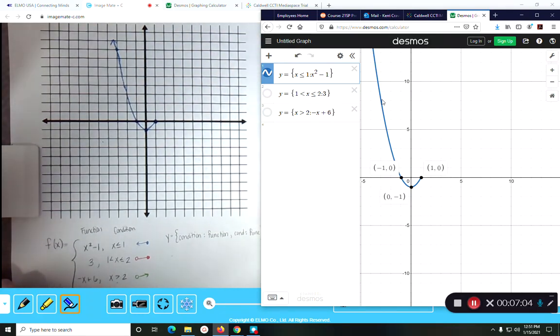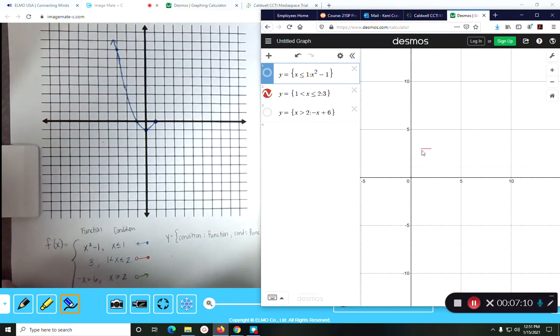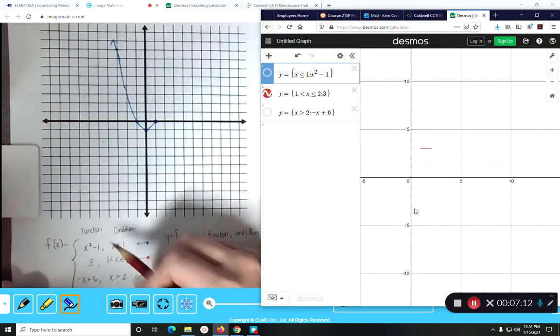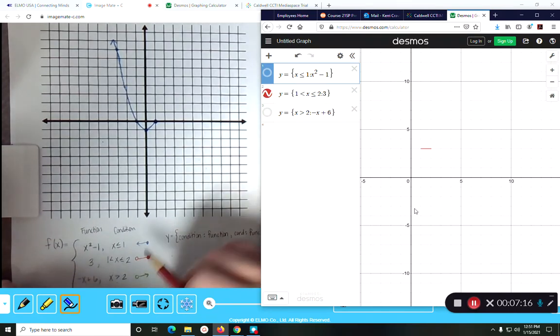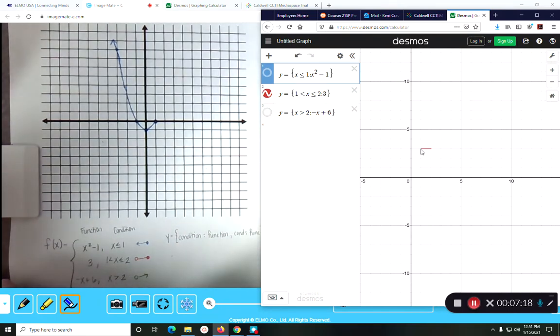Okay, now I'm going to go to the red piece, which is the middle piece. So I'm going to block this one out and I'm going to put the red one up. Alright, we said that the red one has to have an open circle on the left and a closed circle on the right end. So if I click right here on the left, notice how it says 1 undefined.